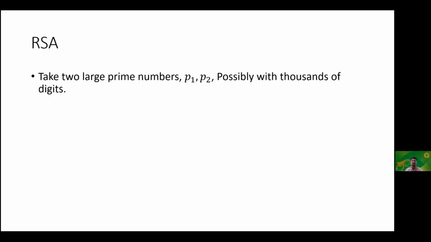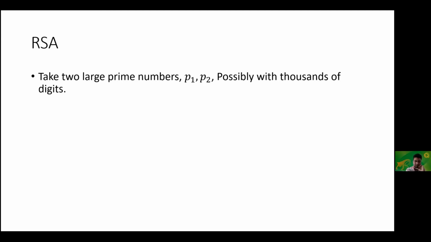Now, what are the algorithms that are actually used in practice? One of the algorithms is called RSA. It's the initials of the authors, which I don't remember at this moment, but it's a very famous protocol. In fact, all the secure communication in the world that is public key based uses RSA.